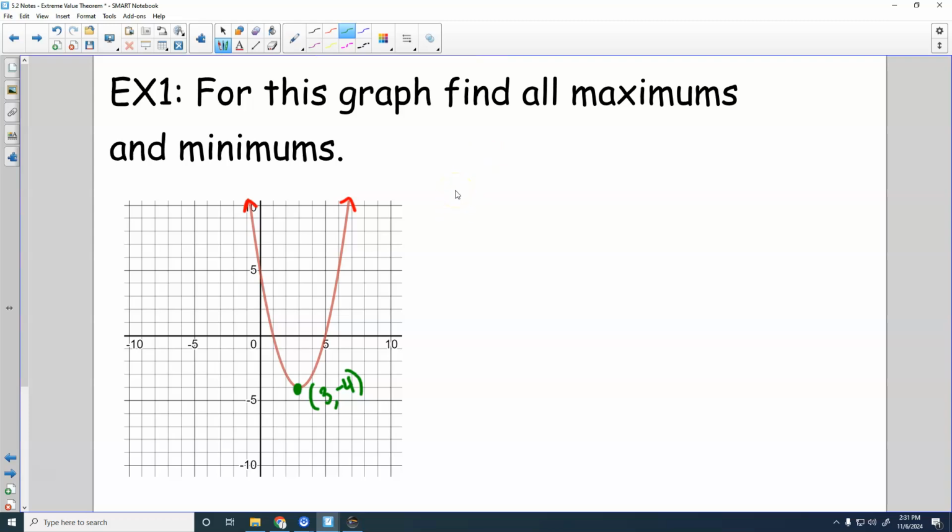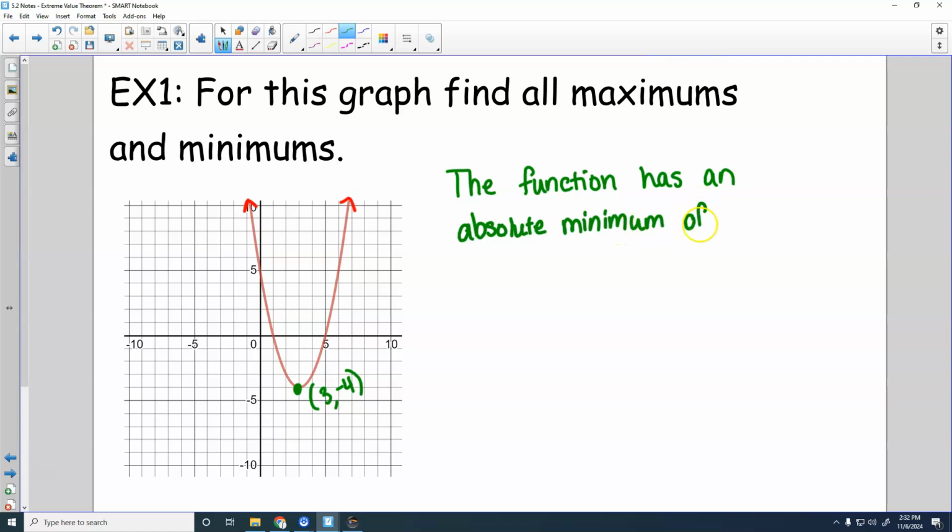Now, what is important to remember, we would say that the function has an absolute minimum of -4, which occurs at x equals 3.